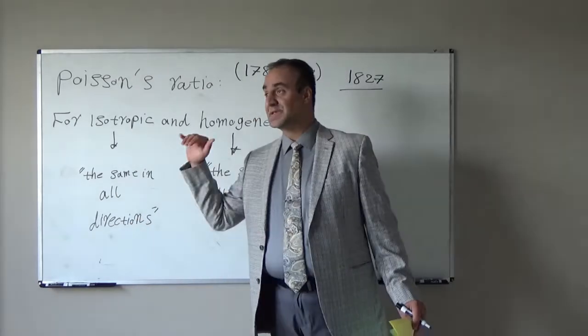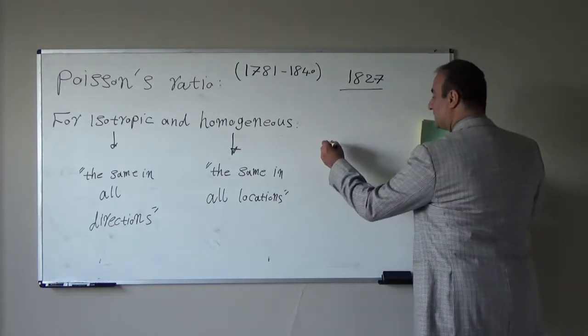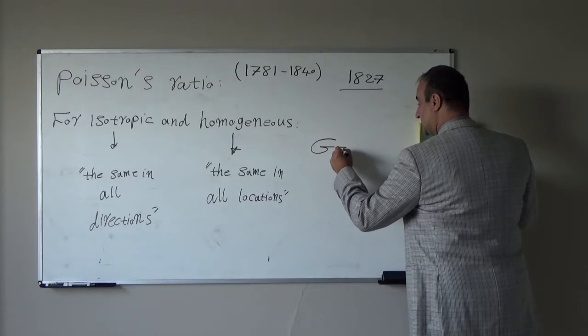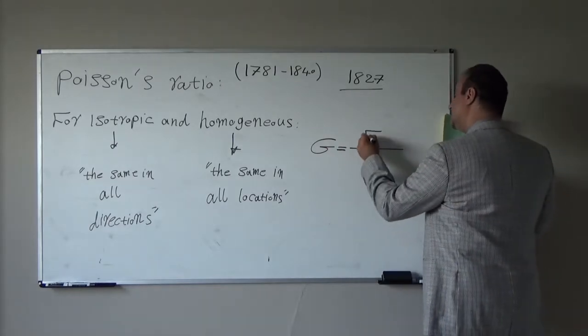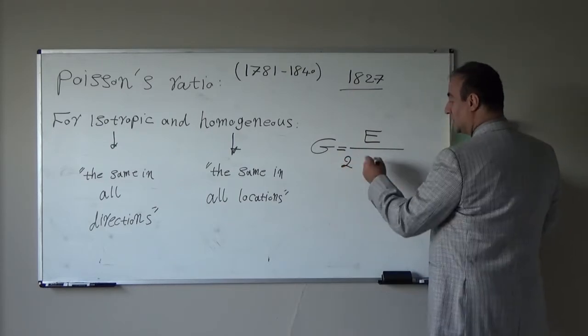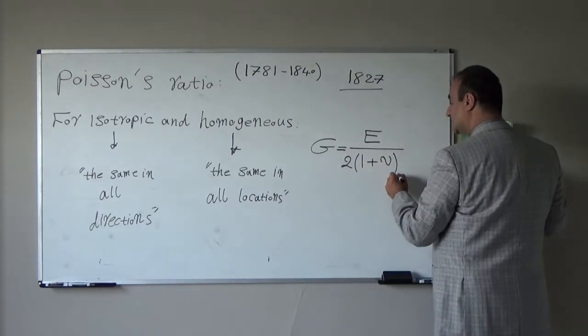For isotropic and homogeneous material, we can prove, later on I will prove, that the shear modulus G is equal to the Young modulus E divided by 2 times (1 plus nu).